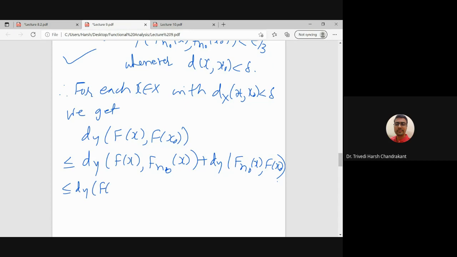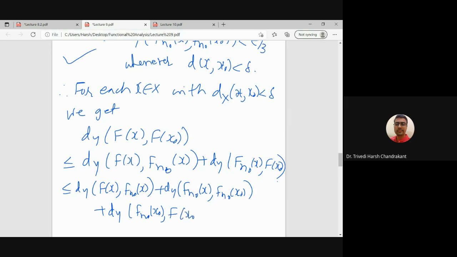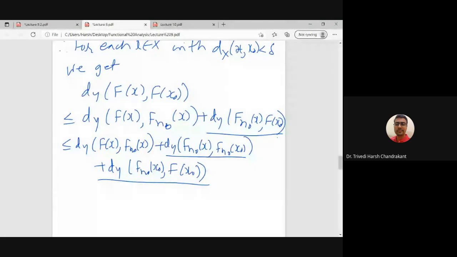So we get the distance of f(x) with f_n naught(x), plus the distance of f_n naught(x) with f_n naught(x naught), plus the distance of f_n naught(x naught) with f(x naught). In the second step, we use the triangle inequality for the last term, so that is divided into this plus this.